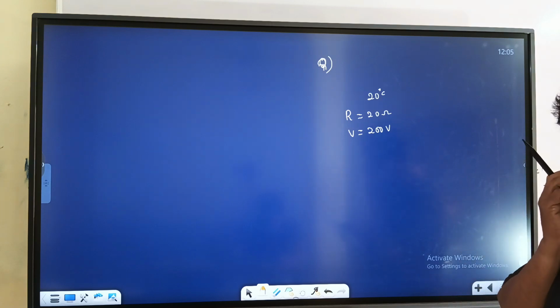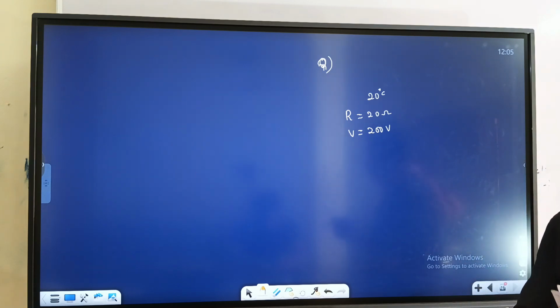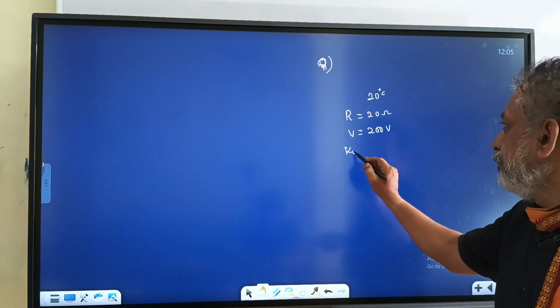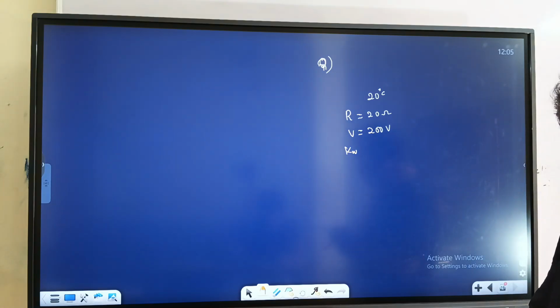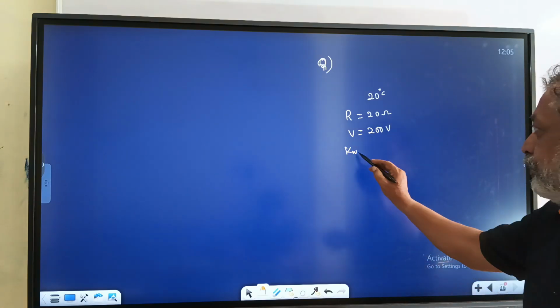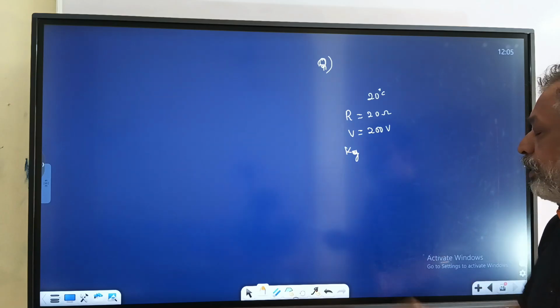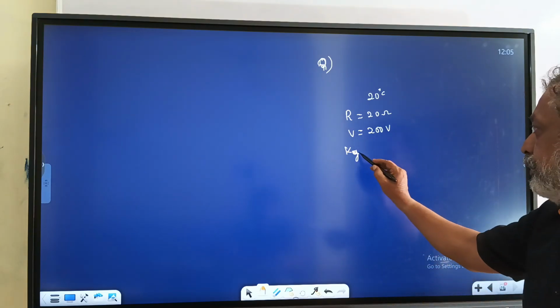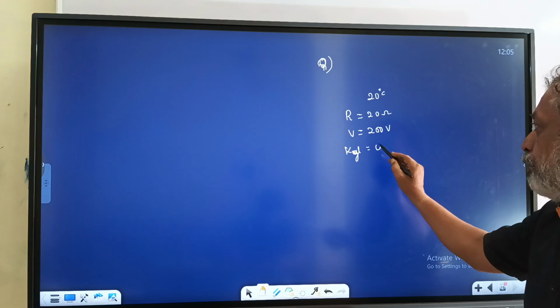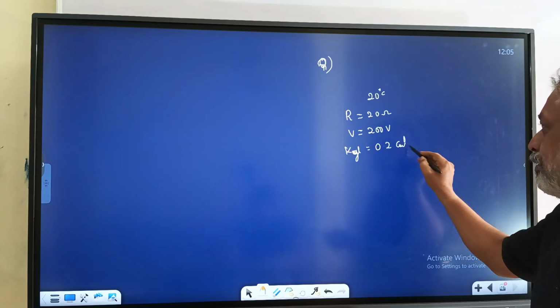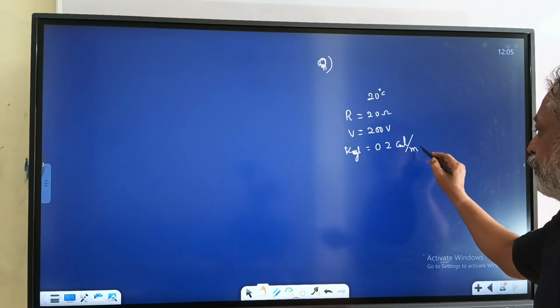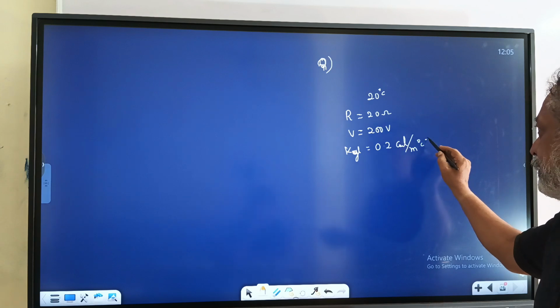The temperature is uniform throughout the room, and heat is transmitted through a glass window of conductivity K. The conductivity of window glass is 0.2 calorie per meter degree centigrade per second.